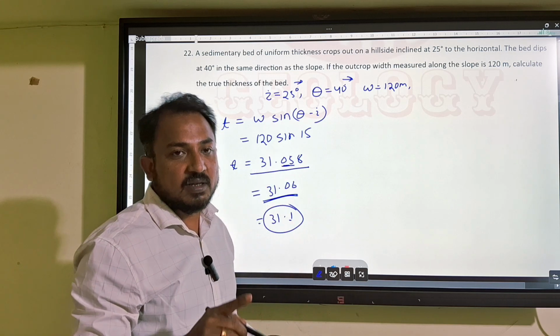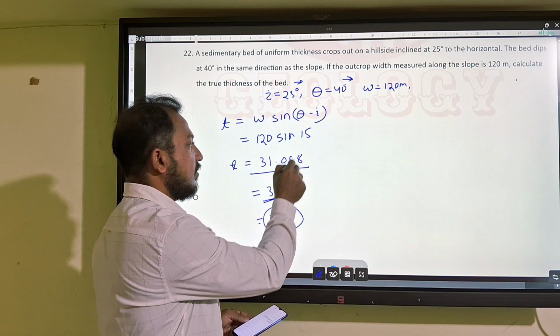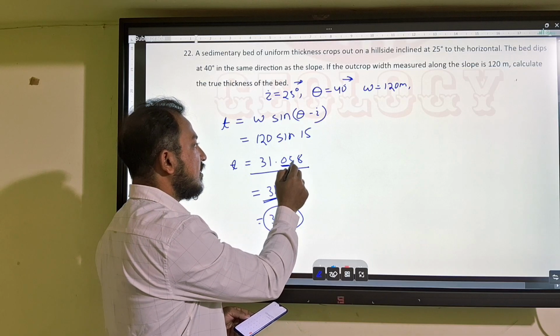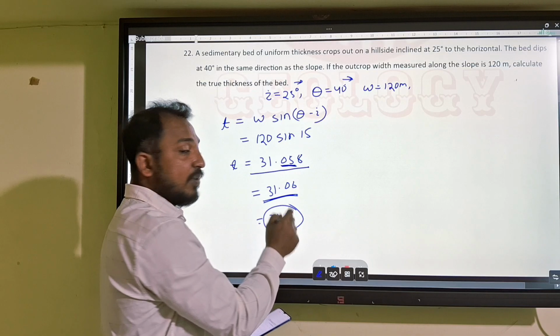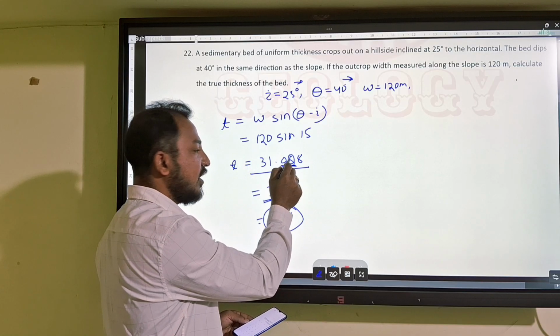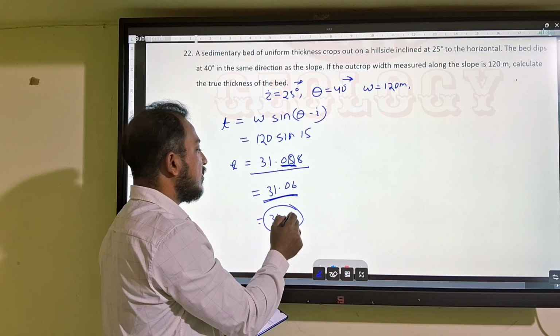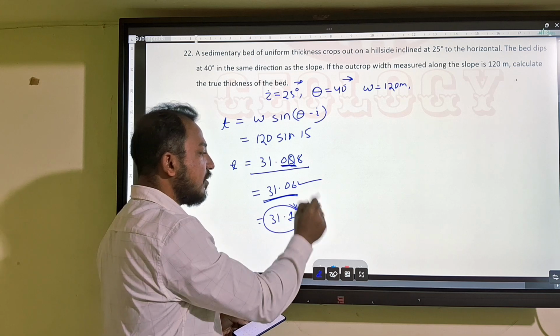If the third place is 5 or more than 5, then the second place will increase by 1. Here it is 8, so the second place will increase by 1. And if you have to round up to 1 decimal, the second place is 5, so if it is 5 or more than 5, then it will be increased by 1. So it will be 31.1. So this is round up to 2 decimals, this is round up to 1 decimal.